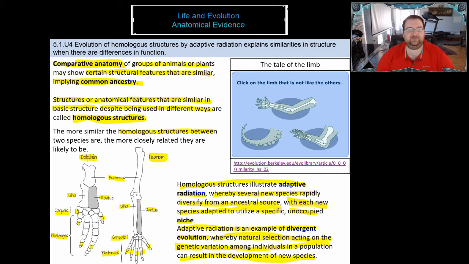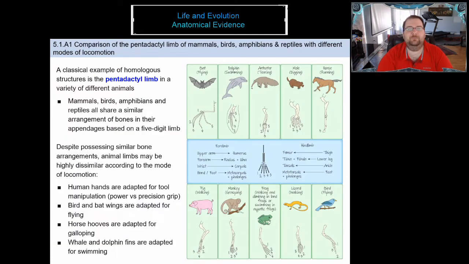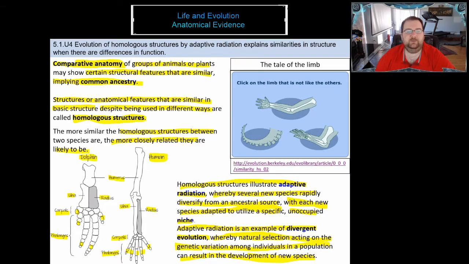Okay, one last thing on this page is the more similar these basic structures are, the more closely related they're likely to be. So if I looked at a dolphin bone and a human bone, I would go, they're actually pretty similar, right? But if I look at the bones of a monkey or a chimpanzee, let's go to this slide here. Look at this. Which one's more similar, the bones of a monkey or the bones of the dolphin?